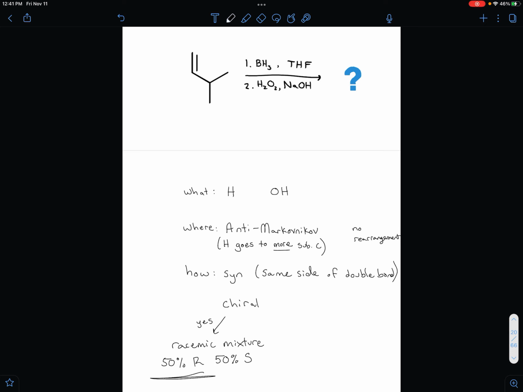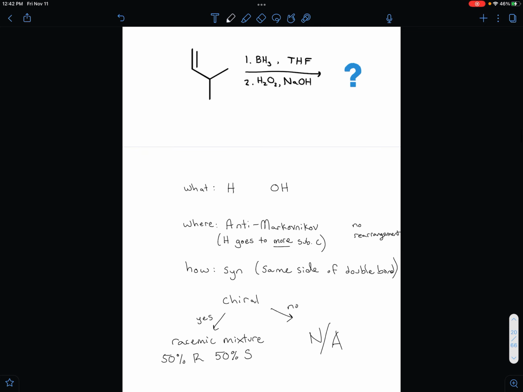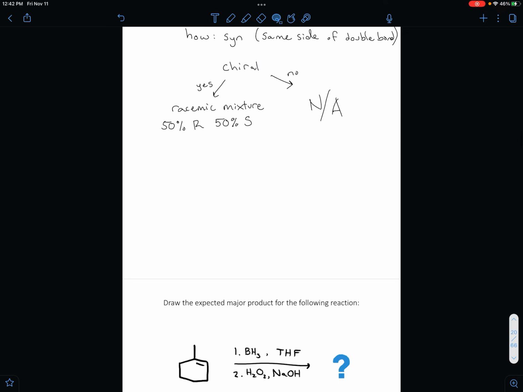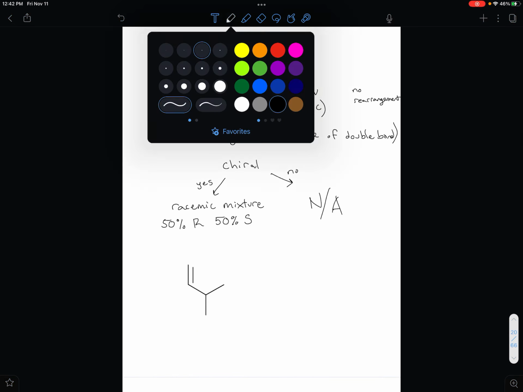When it happens on one side, you'll get an R. When it happens on the other side, you'll get an S if you form a chiral center. And of course, if you don't form a chiral center, then it's just not applicable. You don't have to worry about that.